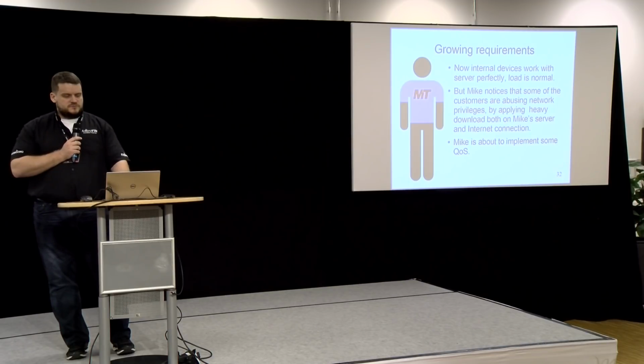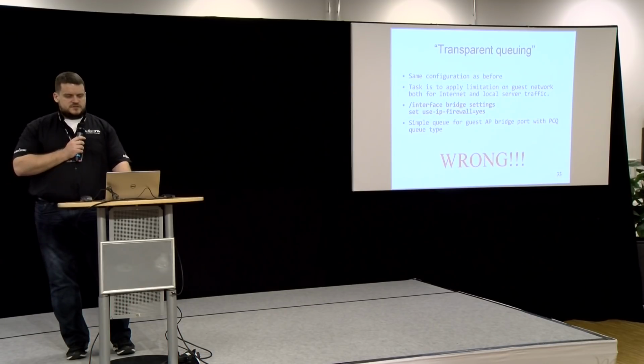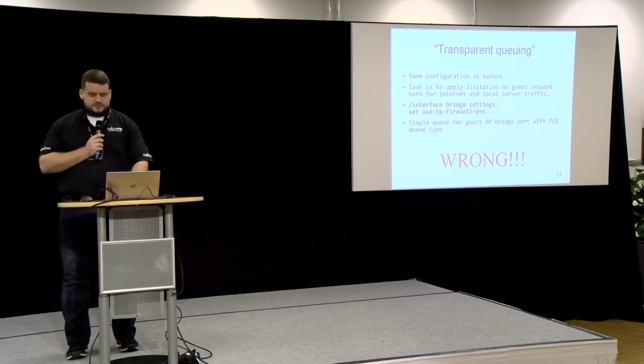So Mike wants to put some queues on. What Mike does, he looks on the internet. The first thing that he sees is that he needs to enable use IP firewall yes in the bridge settings, and use simple queues for his guest IP access point.